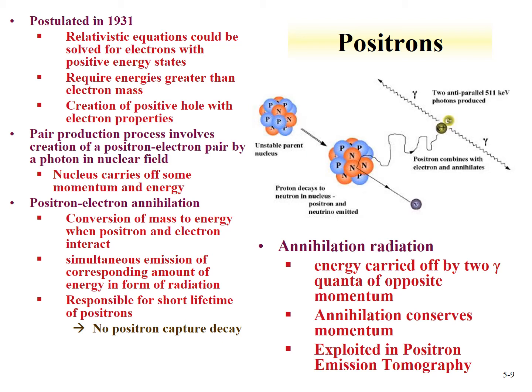The other thing that is known is that when a positron and electron interact, there's annihilation that occurs. So there's a conversion of mass to energy when they interact, as shown here. And we see two photons, 511 keV, are produced going 180 degrees from each other. Also, unlike electron capture, there is no positron capture decay.